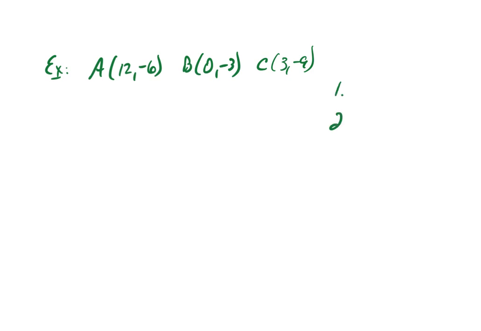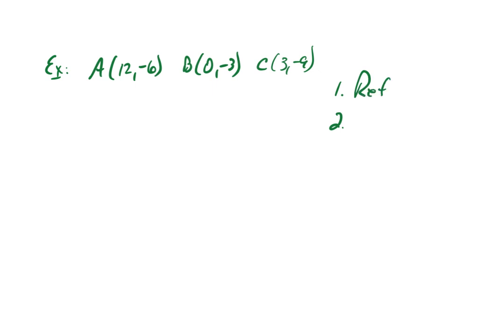All right, so what I'm going to start you with is a triangle located at (12, -6), (0, -3), and (3, -9). Those are the 3 points. And then I'm going to ask you to do 2 transformations.